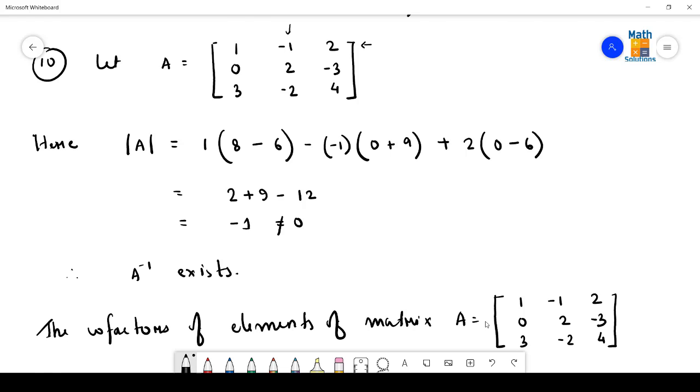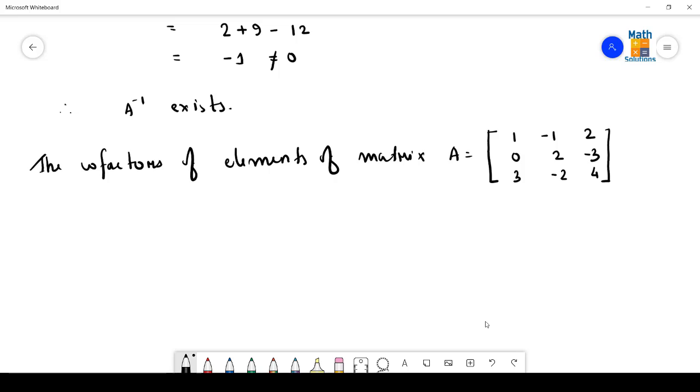So after getting these, let us find out the cofactors.